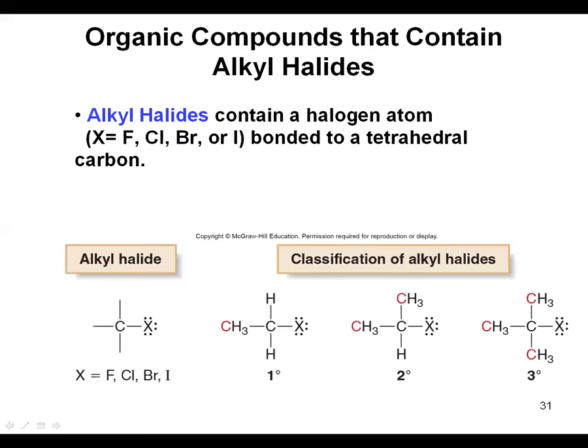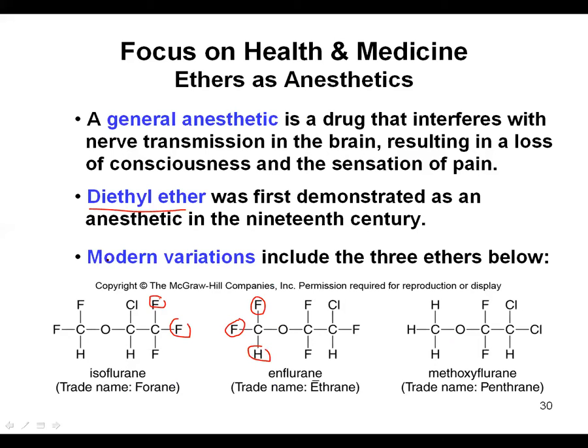All right, any questions on ethers? Just to be clear, for ethers, you need to know the functional group and the common way of naming an ether. So if you had something like this, you would need to go to the oxygen and go to the right.